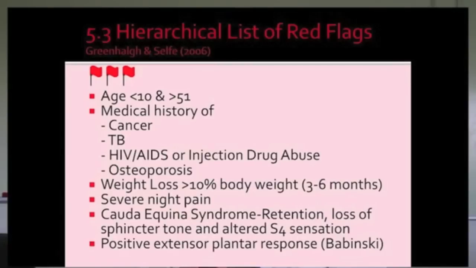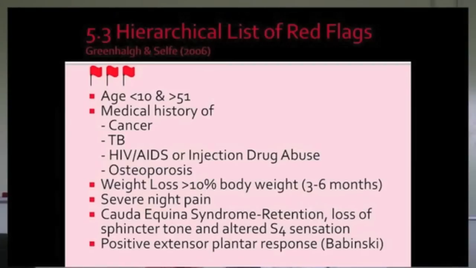So, for our 3 red flags, we came out with an idea that weight loss of more than 10% of body weight during a 3 to 6 month period for no apparent change in the patient's lifestyle or eating habits would be something that we would consider to be quite an important feature. Okay? But again, we need to consider, has there been any change in diet? Has there been any change in lifestyle in addition to that?